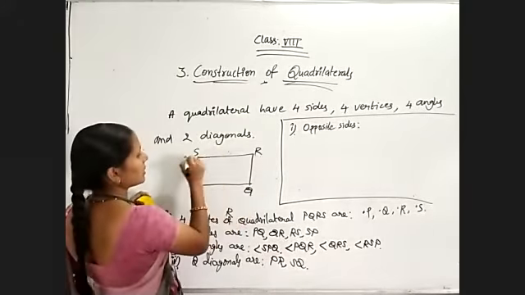Yes or no? These 2 are parallel lines. 2 pairs: this is 1 pair and these 2 are another pair. 2 opposite pairs of parallel lines, and those opposite sides are equal and opposite angles are also equal. Here we get 2 acute angles and 2 obtuse angles.